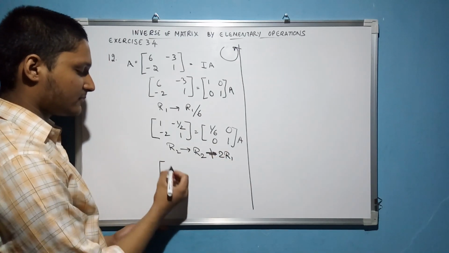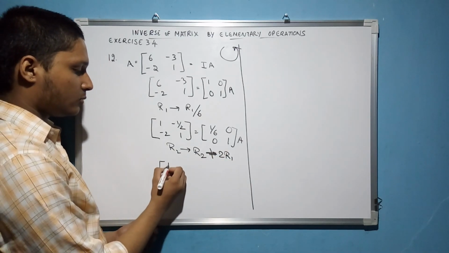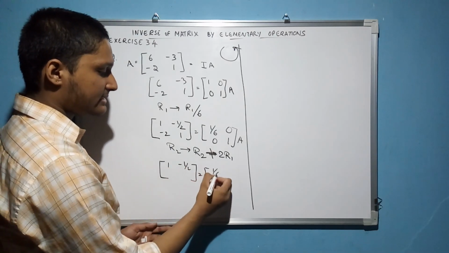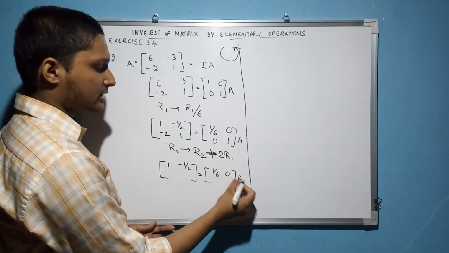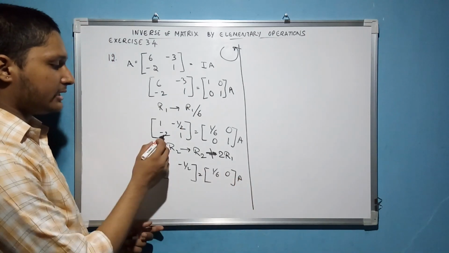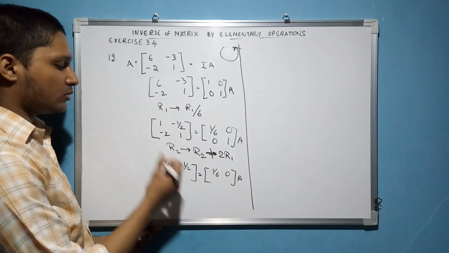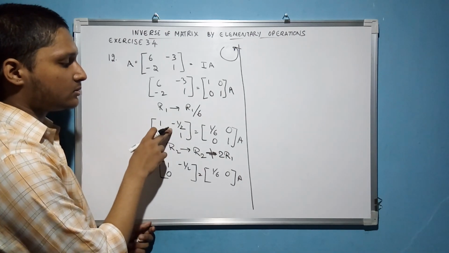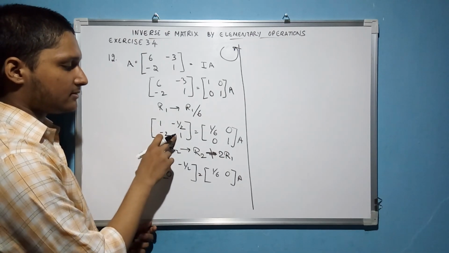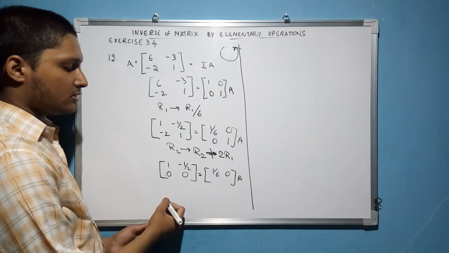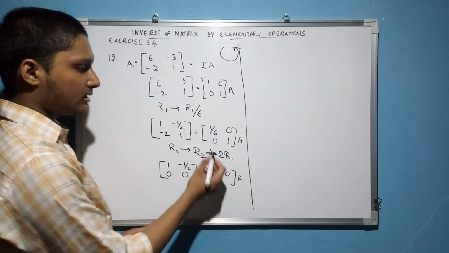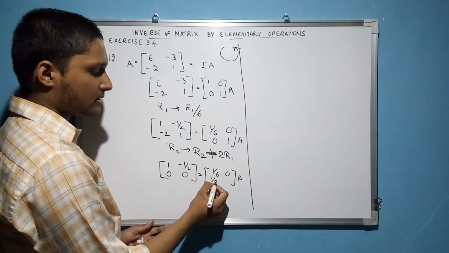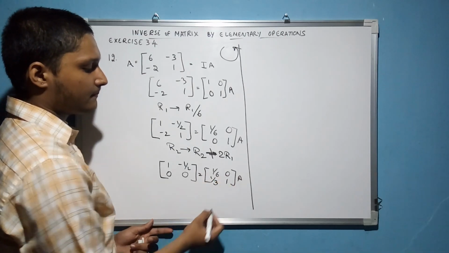So this becomes 1 minus half as it is, and here also 1 by 6 and 0 as it is, and you get 1A. So minus 2 plus 2 is going to be 0. 1 minus half into 2 is 1. So 1 minus 1 is 0. Here, however, is 1 by 3, and here you have 1.